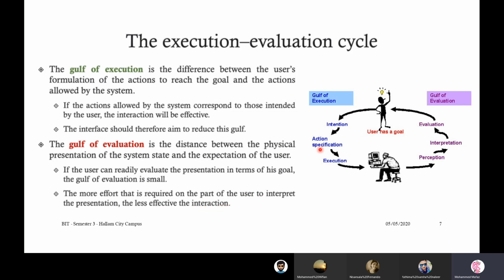So that way we can also understand it differently. If the user is spending a lot of effort to evaluate the output, that means the gulf is too much, because they are spending more effort, more time to understand what the system has responded to match with their goals. If that effort is too much, then you can easily say the gulf of evaluation is too large.